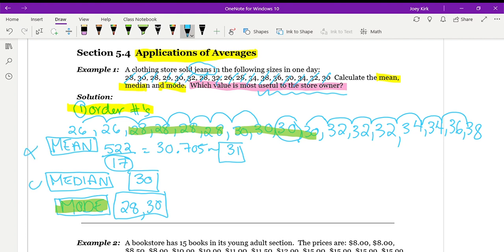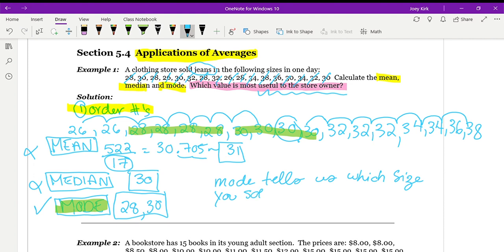The middle size of jeans isn't really going to help us, but the mode is going to help us because the mode tells us which size of jeans you sold the most, okay? And that's useful because you need to order jeans in whole numbers, right? You can't order part of a jean or like 0.705 of a jean.